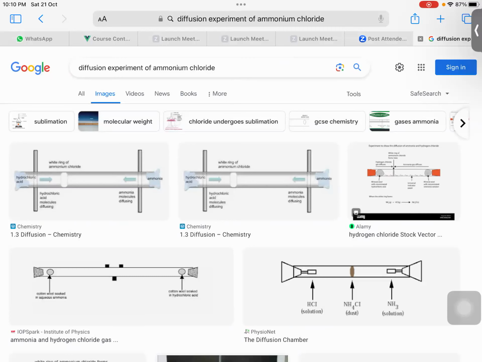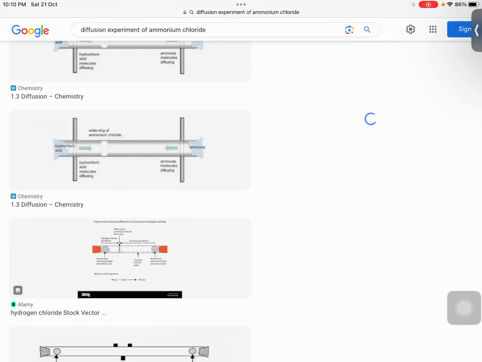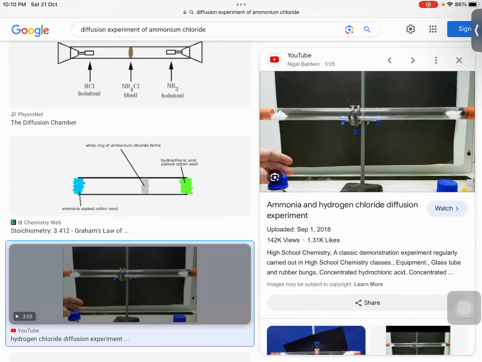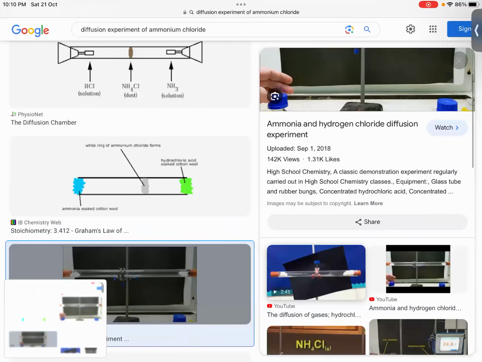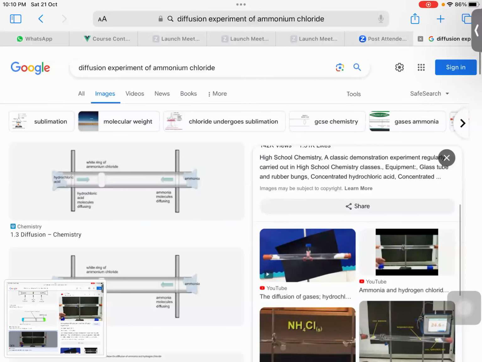This is the original diagram. We are trying the diffusion experiment.